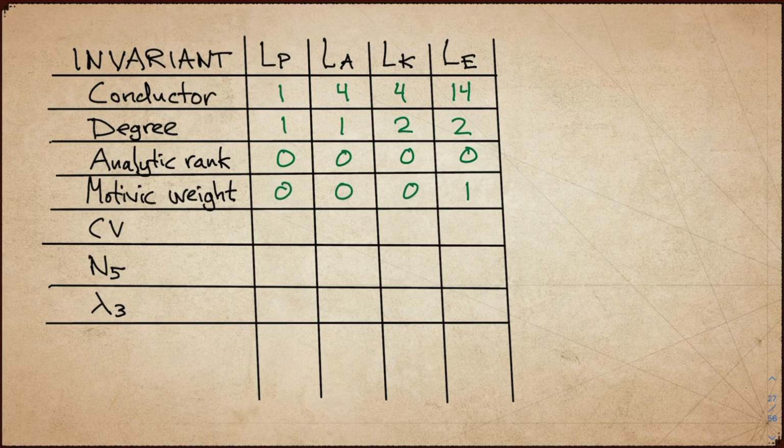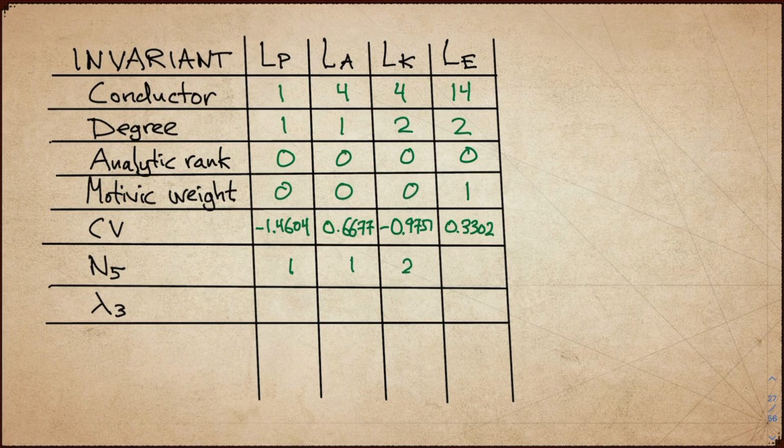The central values are minus 1.4604, 0.6677, we saw that one in the LMFDB, minus 0.9751 and 0.3302. N5, the fifth Dirichlet coefficient, these are 1, 1, 2, and 0.